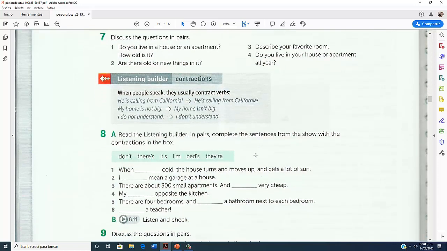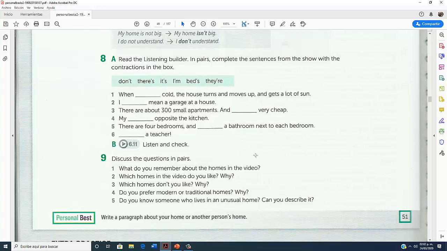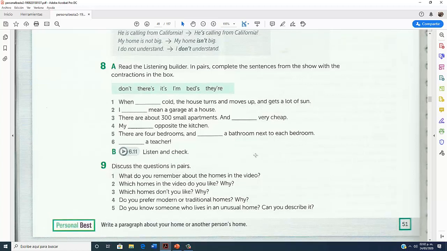Yep. And then we have read the listening builder in pairs, complete the sentences to show the contractions in the box. Let's see here. Let's make a box here. Oh, what happened?